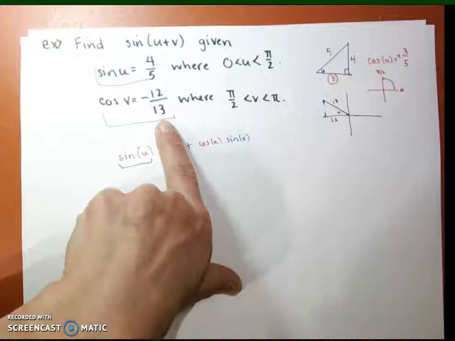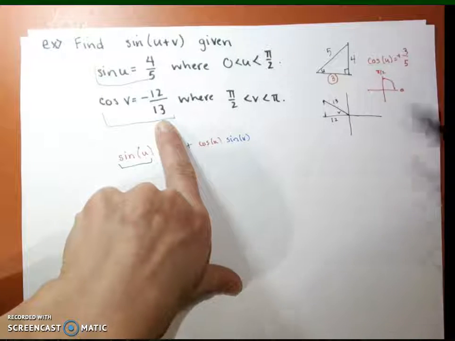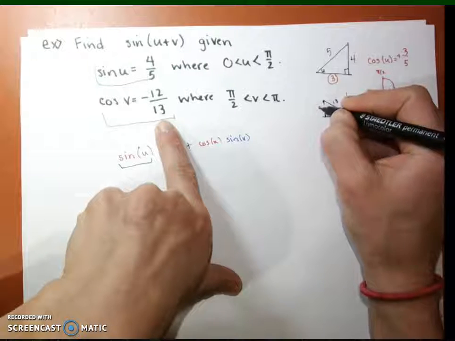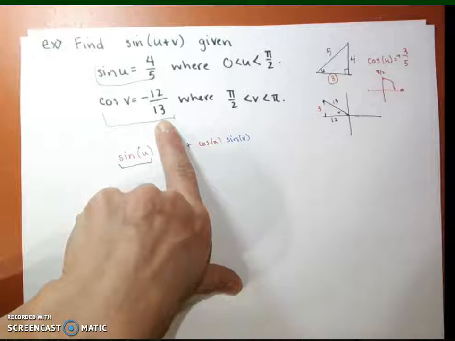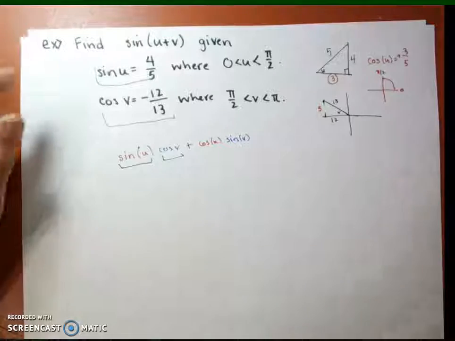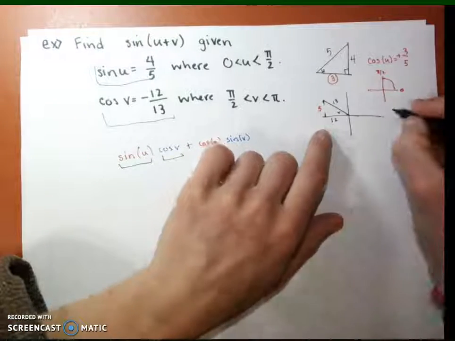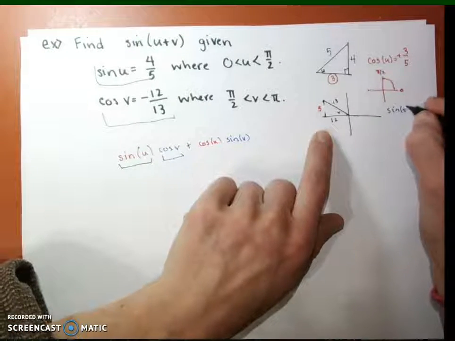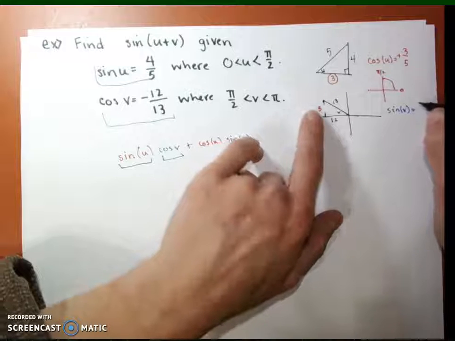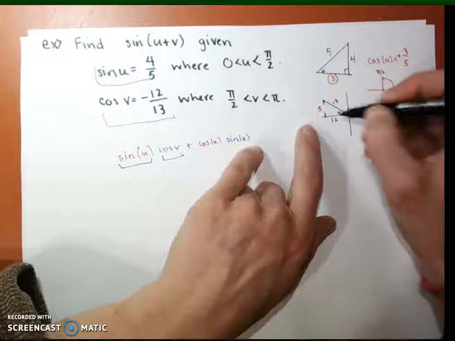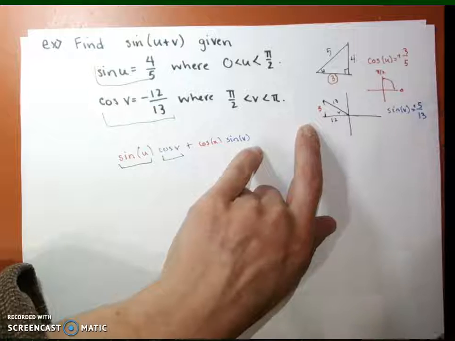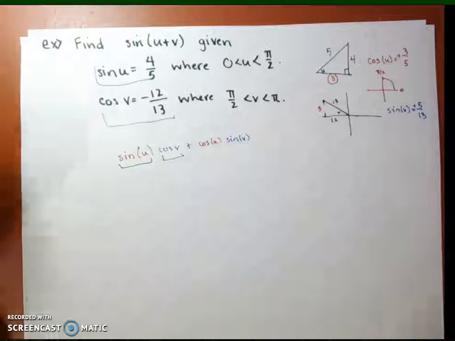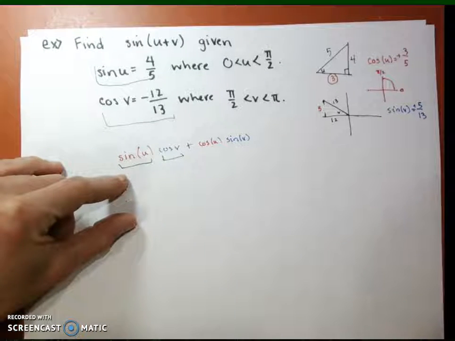And I could use Pythagorean theorem again, and I would find that this remaining side is 5. So that tells me that sine of v, the other value that I'm looking for, is 5 over 13. And since I'm in quadrant 2, it's also positive.